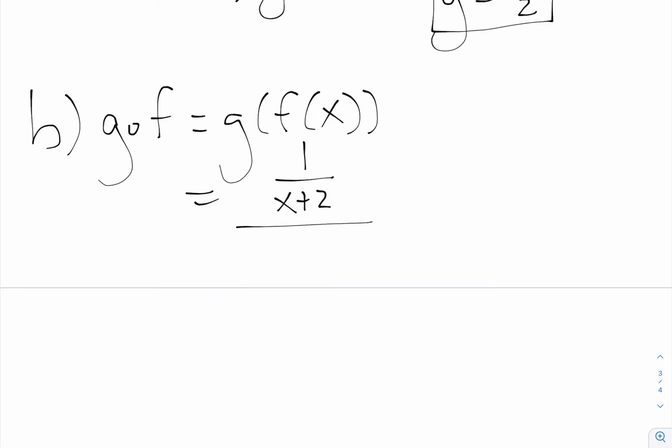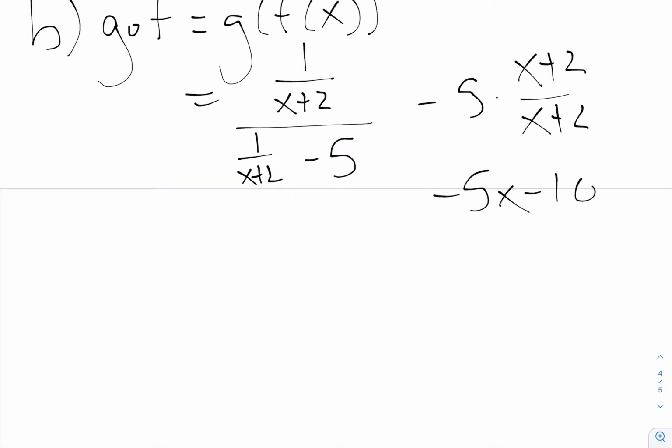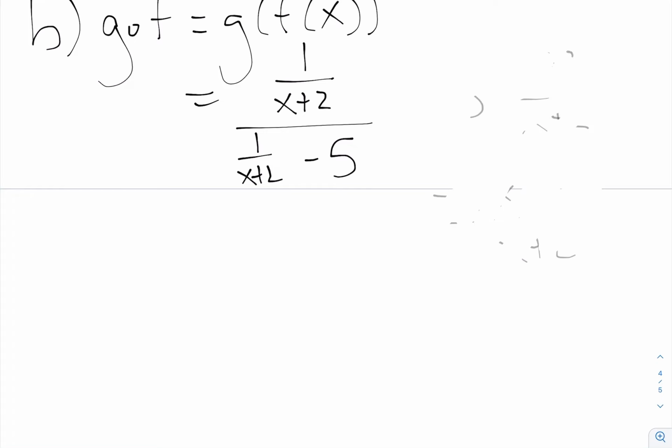Move it over a bit, so 1 over x plus 2 minus 5, and as always, we want to make this one fraction. We need common denominators, so negative 5, we multiply that by x plus 2 over x plus 2. We get negative 5x minus 10 over x plus 2. Okay, and then we add 1 to that, so it's going to be negative 5x minus 9 over x plus 2.